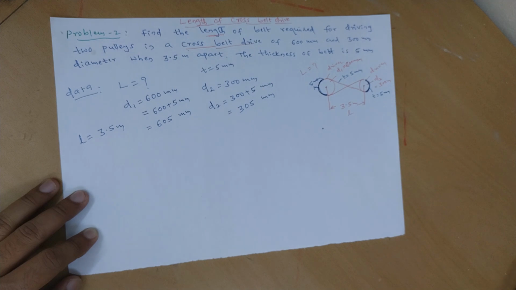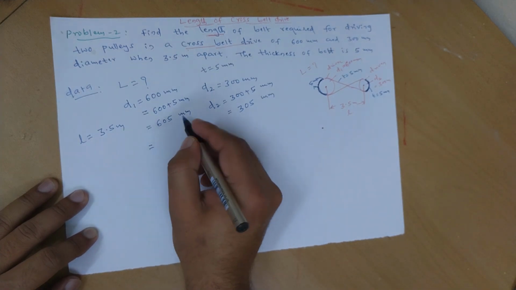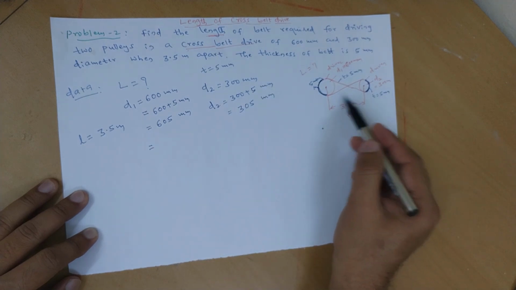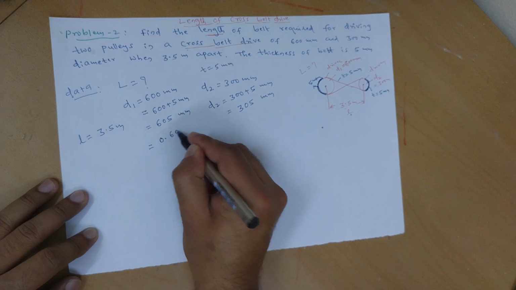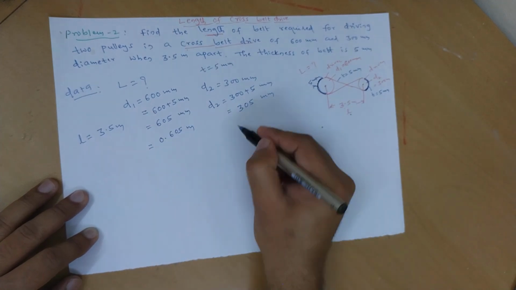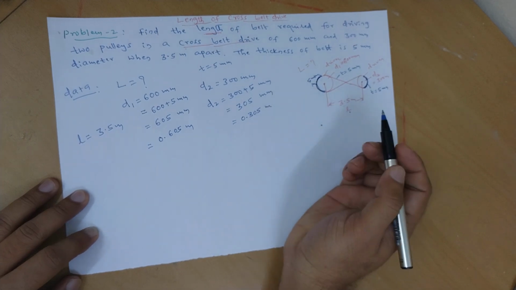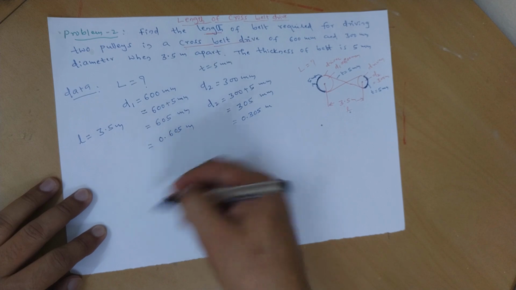Since the distance between centers is given in meters, convert these: 0.605 meter and 0.305 meter. These are the diameters. Now we need the radius for the formula.